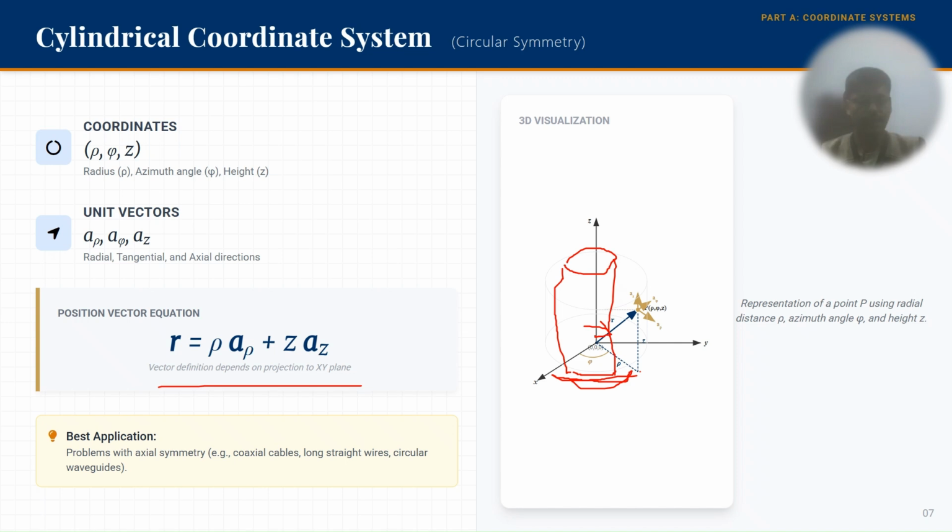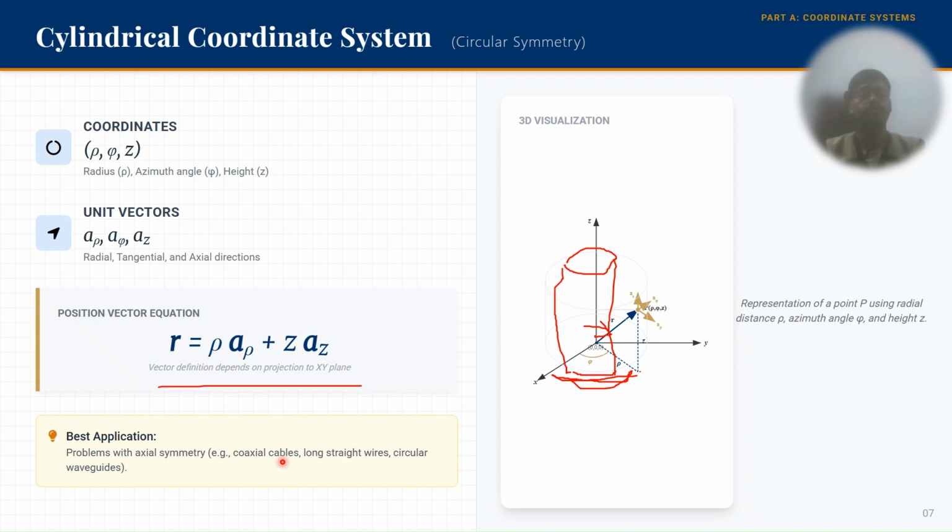So where can we apply it? The problems with axial symmetry, just like coaxial cable, long straight wire, or circular waveguide. Circular waveguide is one kind of waveguide, just like I told you previously about the rectangular waveguide. Similarly, circular waveguide is present.